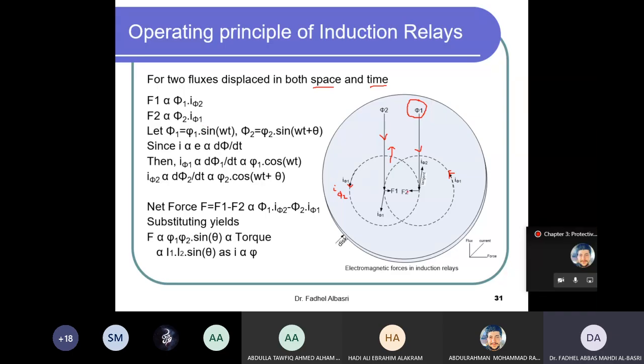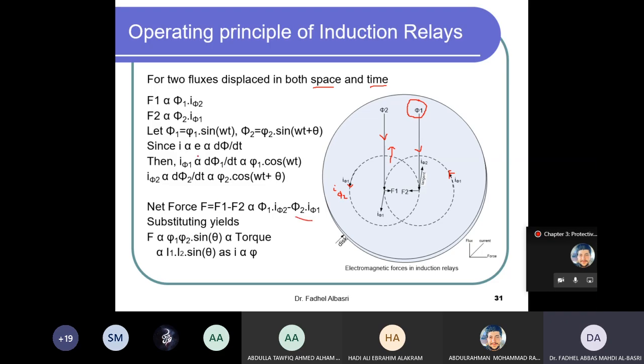And now the net force between these two will be proportional to phi1 minus phi2, okay. And now phi1 is flux 1 times I phi2, and similarly for force 2.